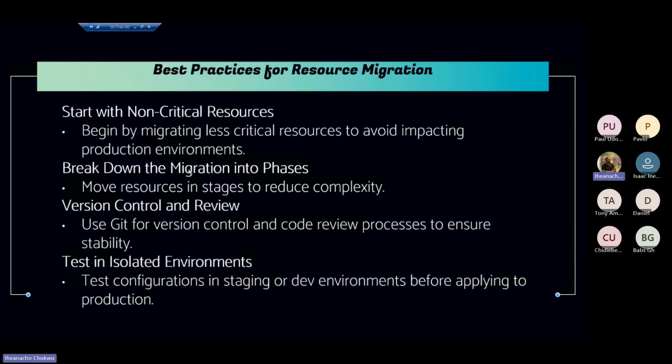Now, what are the best practices for resource migration? We start with non-critical resources, like we mentioned. So we start with a lower environment and migrate to a higher environment. Then we can break down the migration into phases. We can move from less complicated resources to more complicated ones.